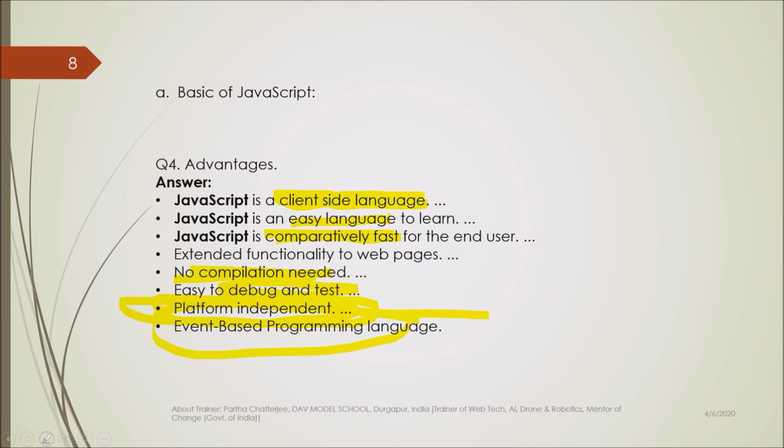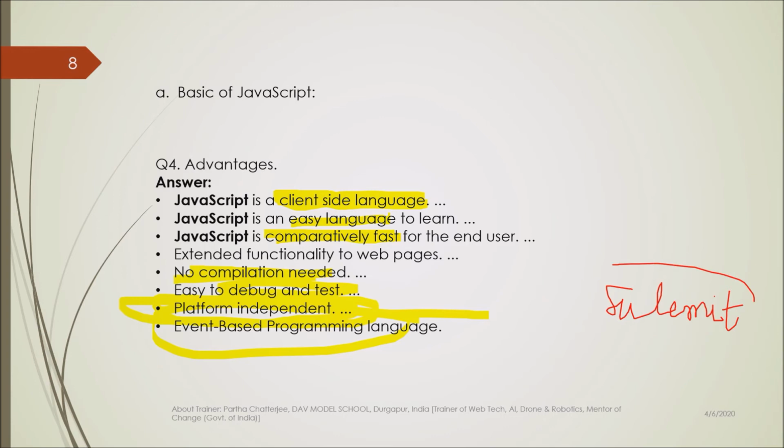And next is event-based programming, which means it is event-based. For example, I can say about a submit button, right? If I click on the submit button in my form, then it will work.